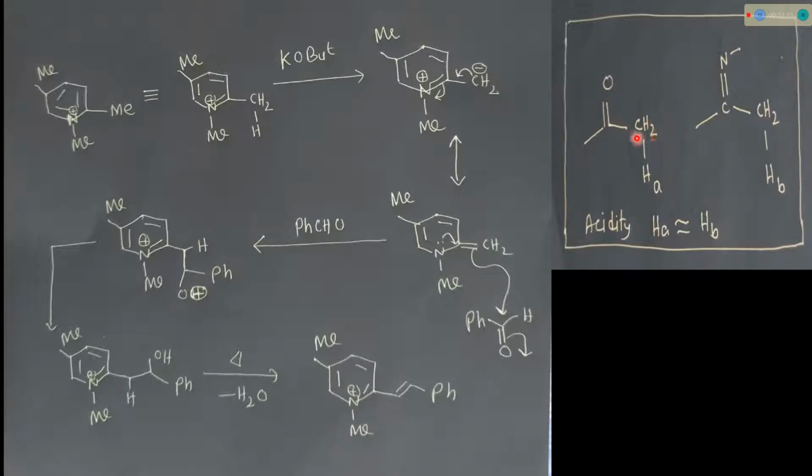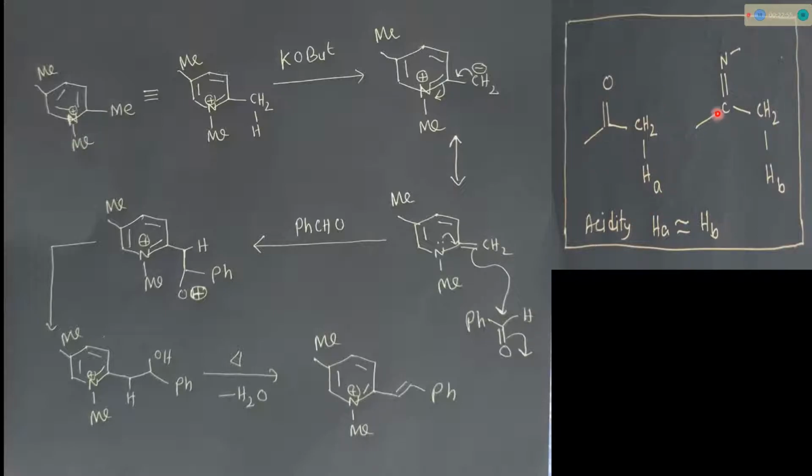We all know that if this hydrogen is abstracted by base, the anion is stabilized by the carbonyl, forming an enolate. So the hydrogens in the methyl group of keto methyl moieties are acidic.